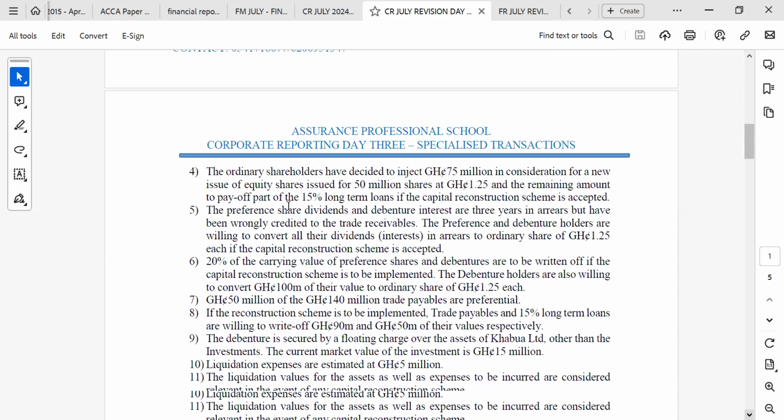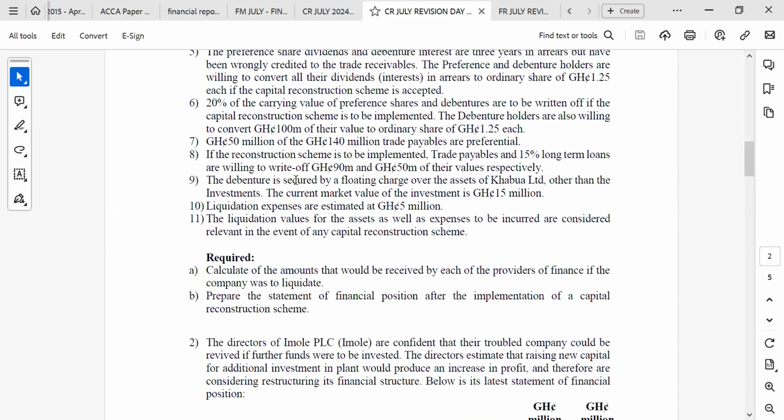So the debenture is secured by a floating charge over the asset of Cabo other than the investment.